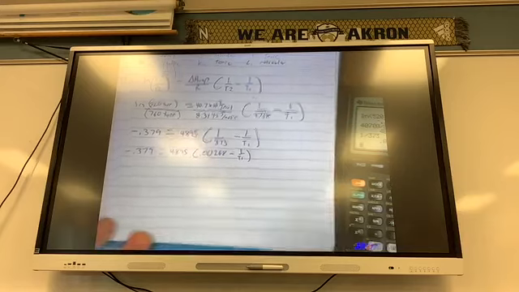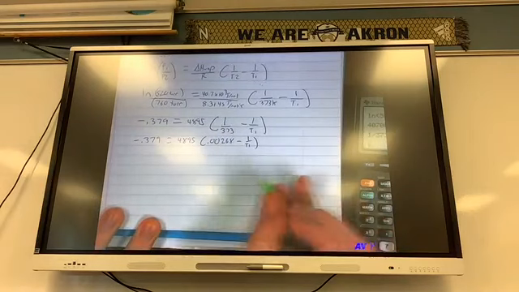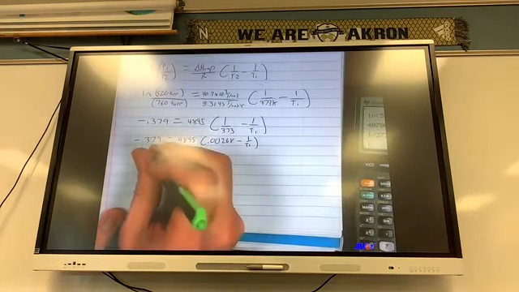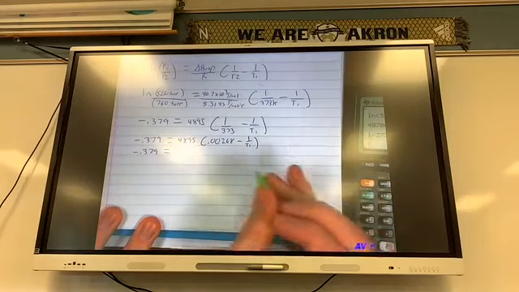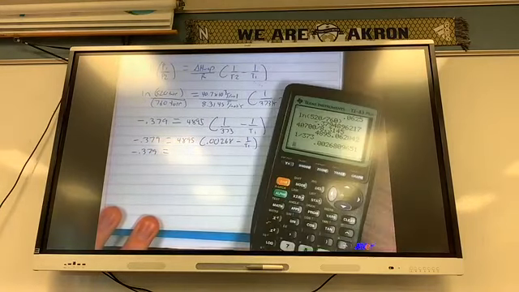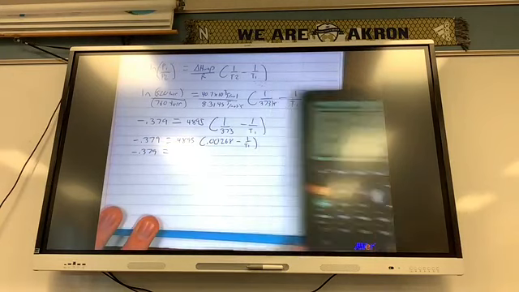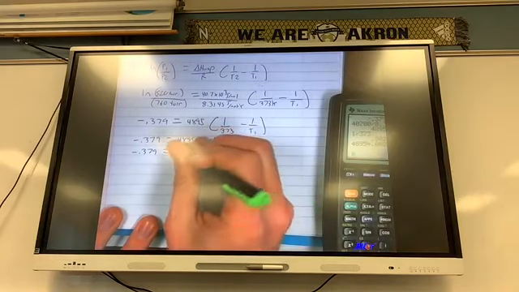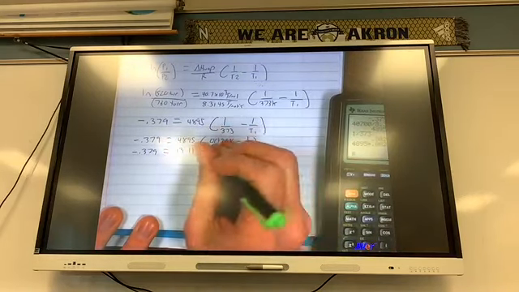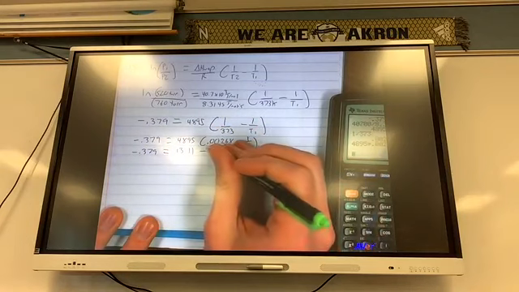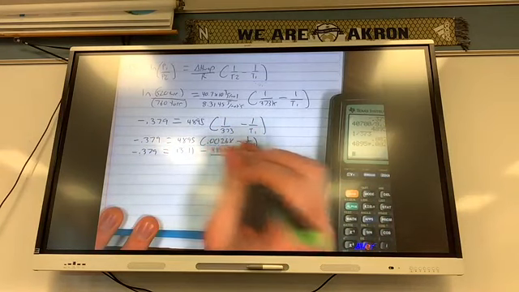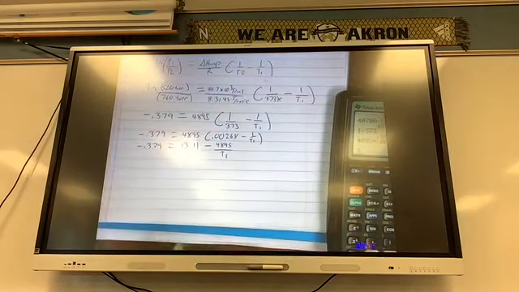Well, let me keep going this way, old school. Negative 0.379 equals, I need to multiply those together, 4895 times 0.00268. I'm distributing now. So that equals 13.11 minus 4895 over T1.